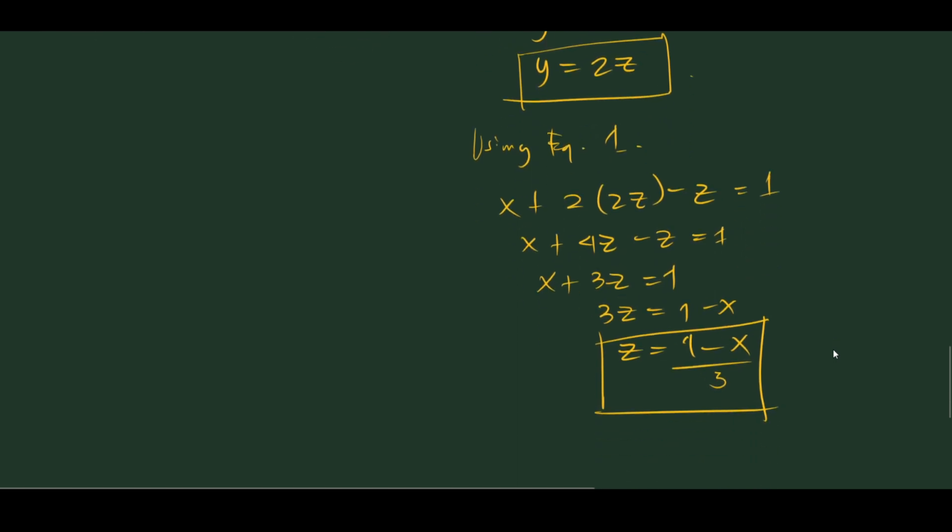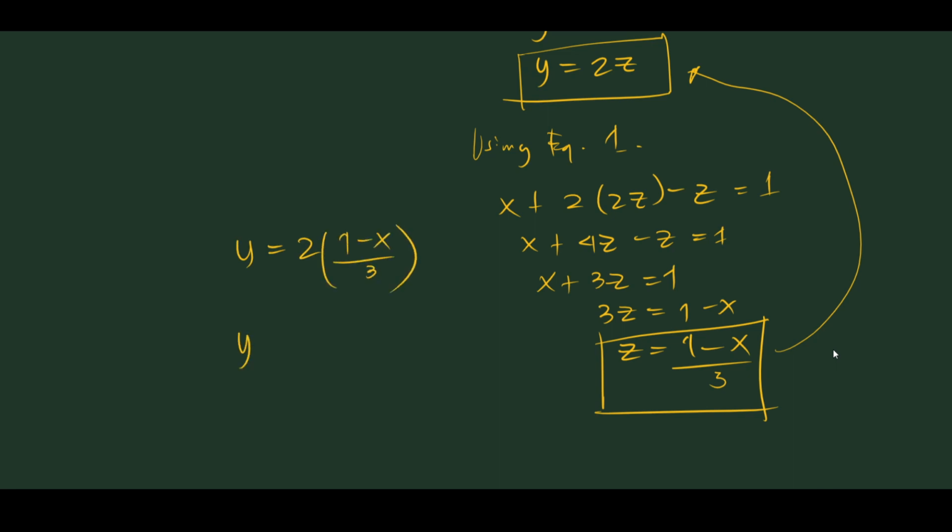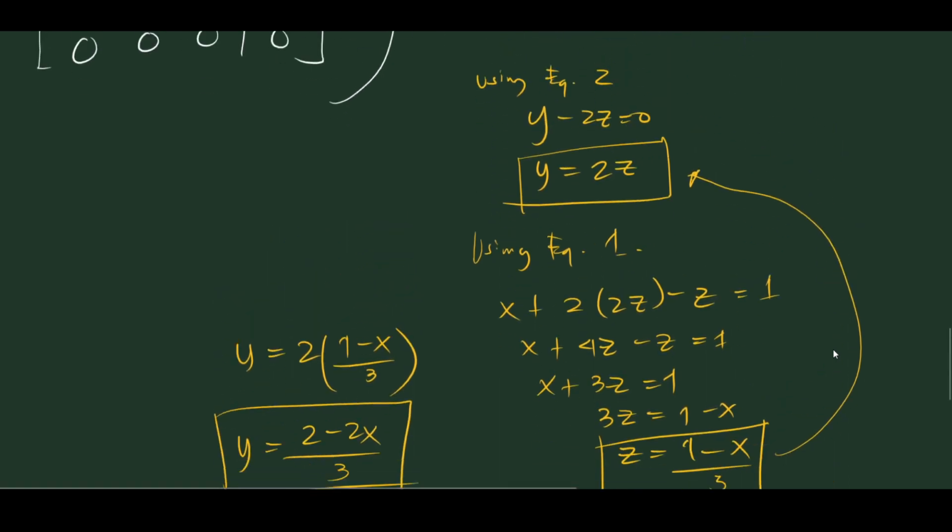Since we have z, we can substitute it to this one right here. We can express y in terms of z also. So y is equal to 2 times z, which is 1 minus x all over 3. So our y is equal to 2 minus 2x all over 3. Okay, so this is our y.